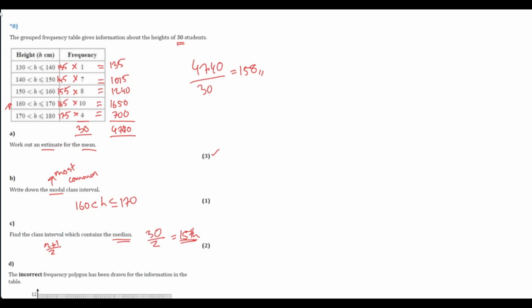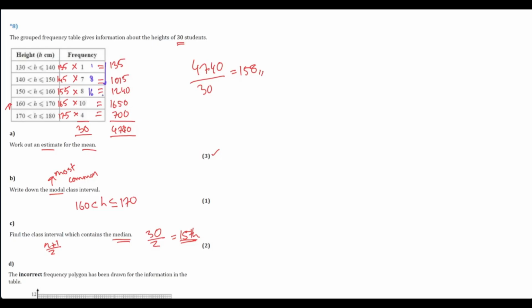It's a 15th position. Now, if it's a 15th position, what you want to do is use cumulative frequency and then pinpoint where 15 will be. So we have one student here. If I go along, I'm going to get 8 there. If I go along again, I'm going to get 16 there. I'm just going to stop there for a second, because going up to this point is 8 in.